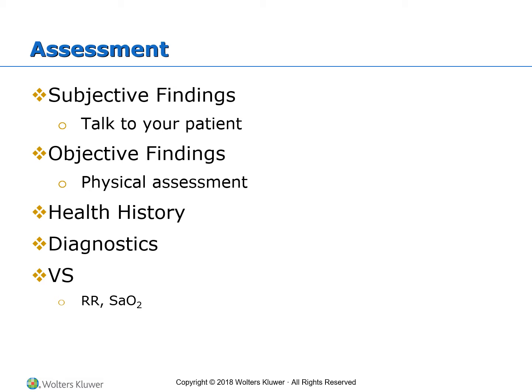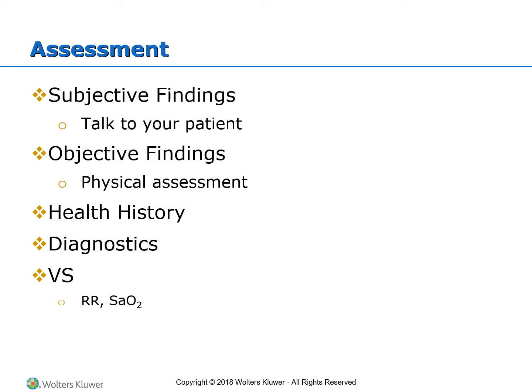Is there anything that makes it worse? Q is quality. Well, is your cough productive? Is it non-productive? Some people will say it's like a tight cough, or they'll say it's a real wet, loose cough. So how are they going to describe the quality of whatever their complaint is?